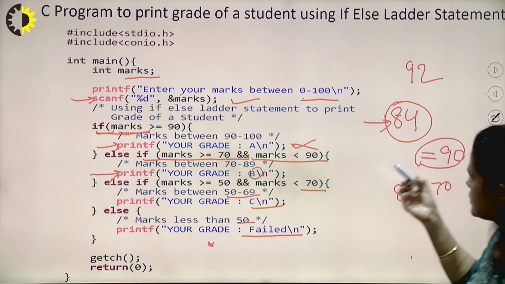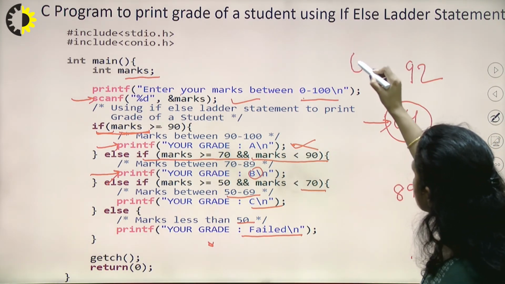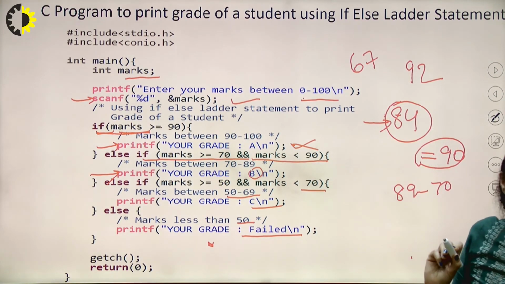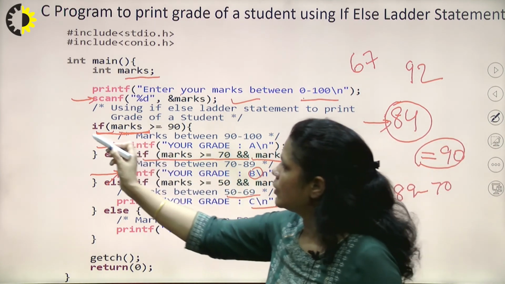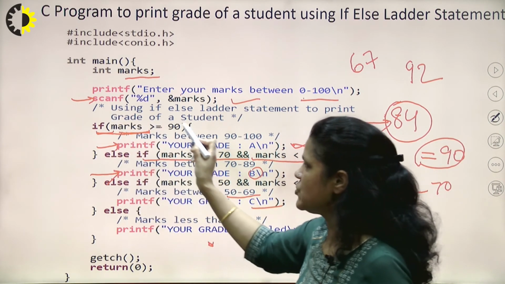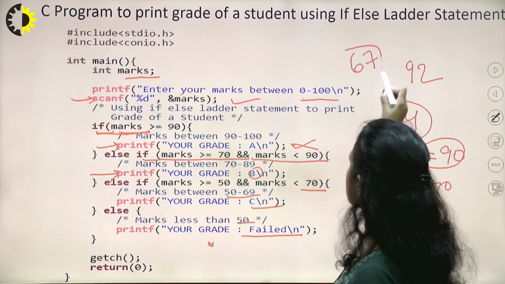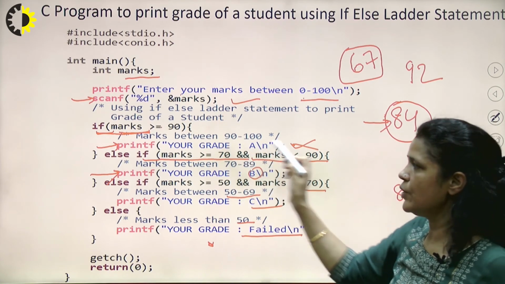Fine. Let's suppose the student enters 67. Okay. So what will happen? Compiler's control will come here after getting marks. Then marks will be checked with this condition. The condition is false for this mark. So this printf will not work.